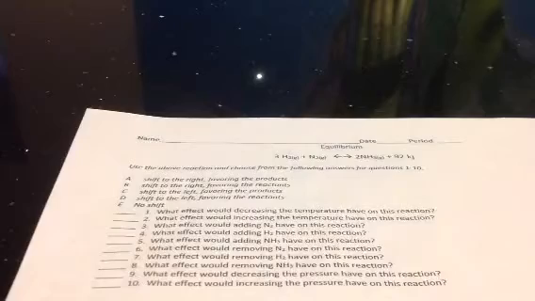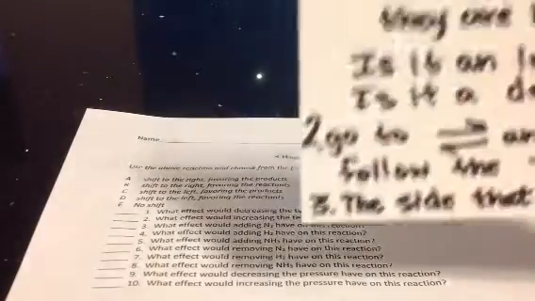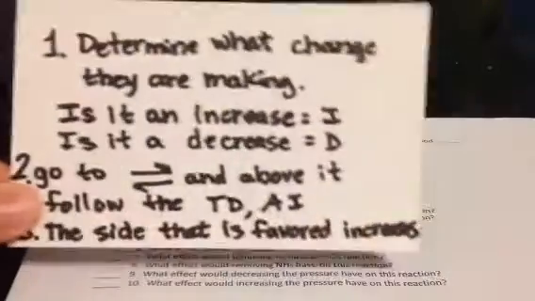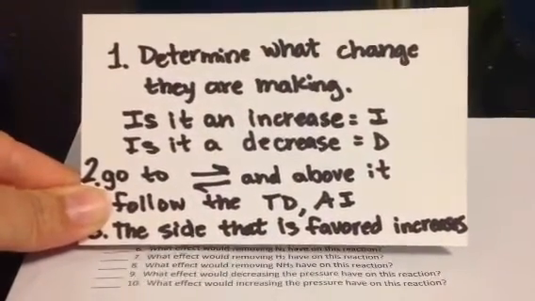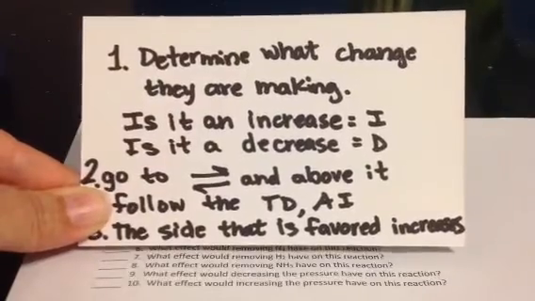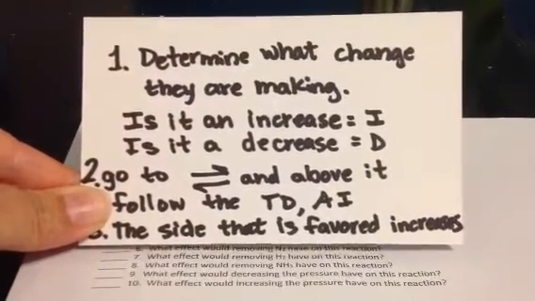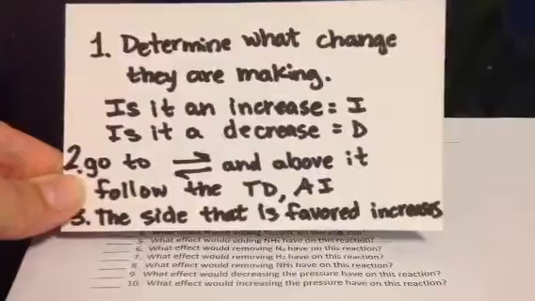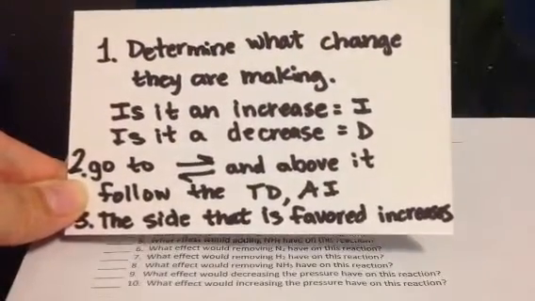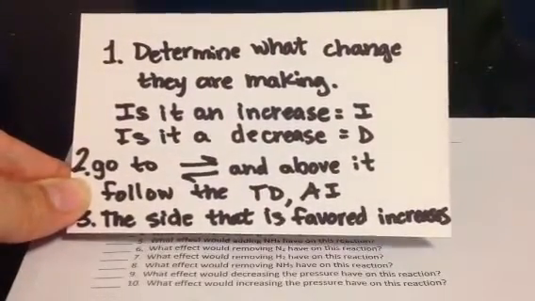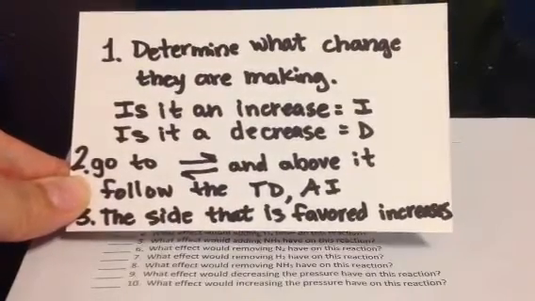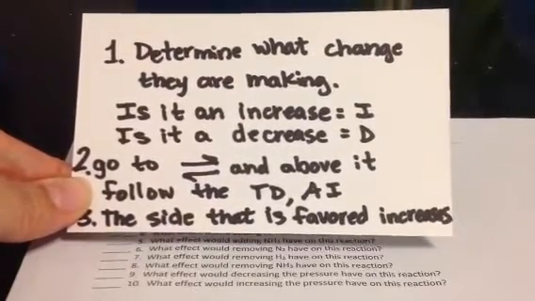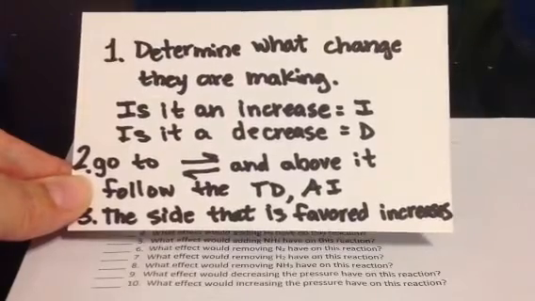Okay? So the first thing that you're going to do is determine what change they are making. Is it an increase? If so, you're going to put an I. Or is it a decrease? Then you're going to put a D, right over top of what they're telling you that you're increasing or decreasing. And then you're going to go to the place in the equation where the arrow is, indicating that your reaction is taking place.